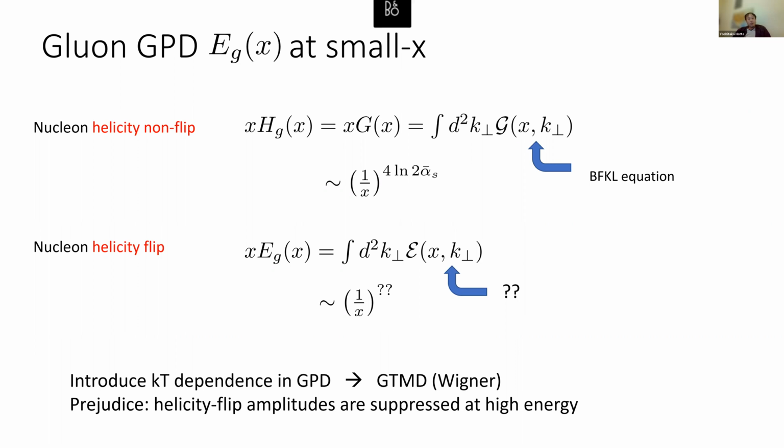In order to answer this question, you have to introduce k_T in the PDF, but E is a GPD, so if you introduce a k_T in the GPD, then what you get is a GTMD, or in other words, the Wigner distribution function. So in order to answer this question, we need to understand the Wigner distribution function, which became possible only in the last few years. And that's why nobody addressed this question until now.